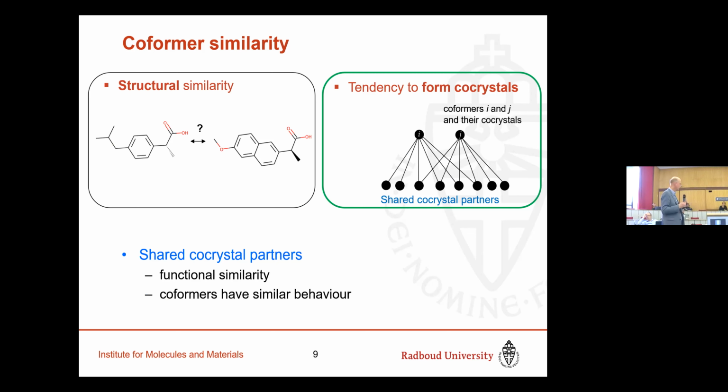Because if they have many shared co-formers, then probably they are similar in some fashion. And exactly what similar is, whether it's hydrogen bonding or not, we leave out of there, but we say this is a form of similarity. And so it means that you can have similar properties. And this actually allows you to group co-formers and it turns out to be meaningful.